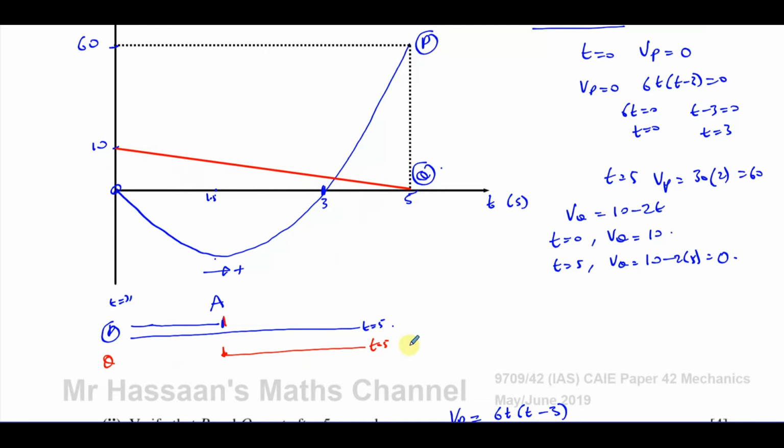But for P, the displacement will be the area between 0 and 5 between the curve and the axis. We don't split it into 2 sections because I'm not looking for the total distance traveled. I'm looking for the displacement, which has to be in the same position in relation to A as Q is at that same time.